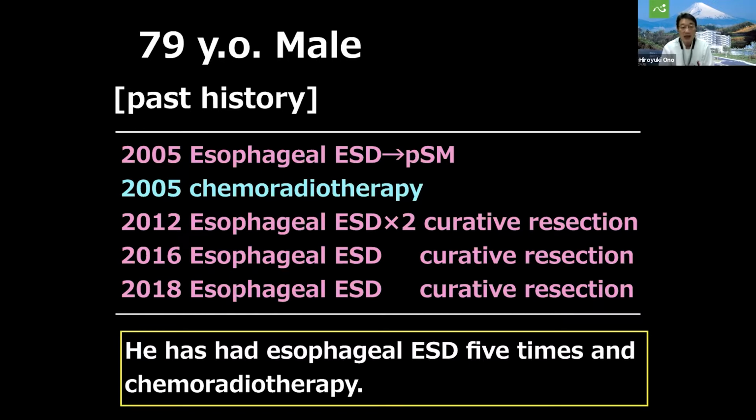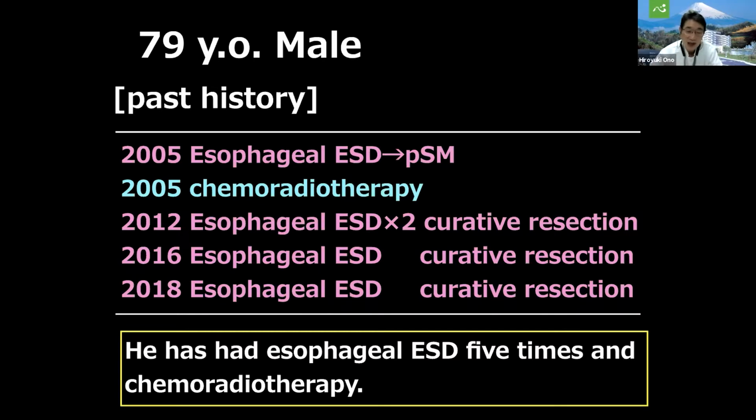The patient is a 79-year-old male, and he underwent esophageal ESD in 2005. However, the cancer invaded the submucosal layer, so he also underwent chemoradiotherapy, about 45 gray radiation.